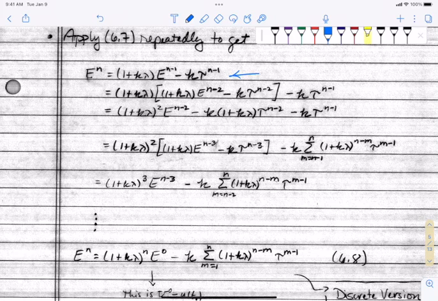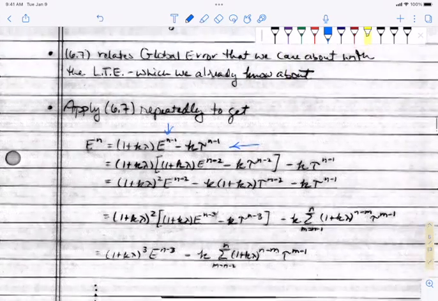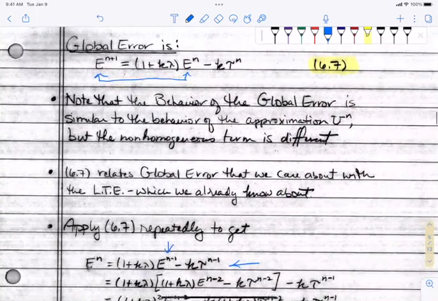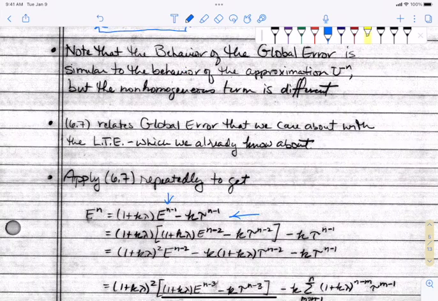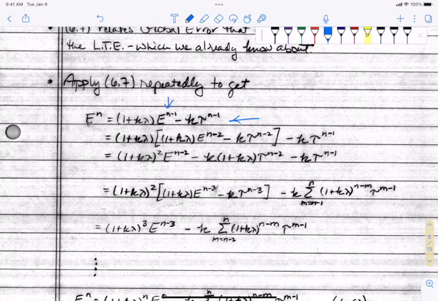So I have the error at the n minus first time step here. Well, if that's the case, I can just go back up here and refer to 6.7, only now I'm replacing my n and my n plus 1 by an n minus 1 and an n. So now I'm going to apply 6.7, and this thing right here is going to get replaced with this whole thing in the brackets.